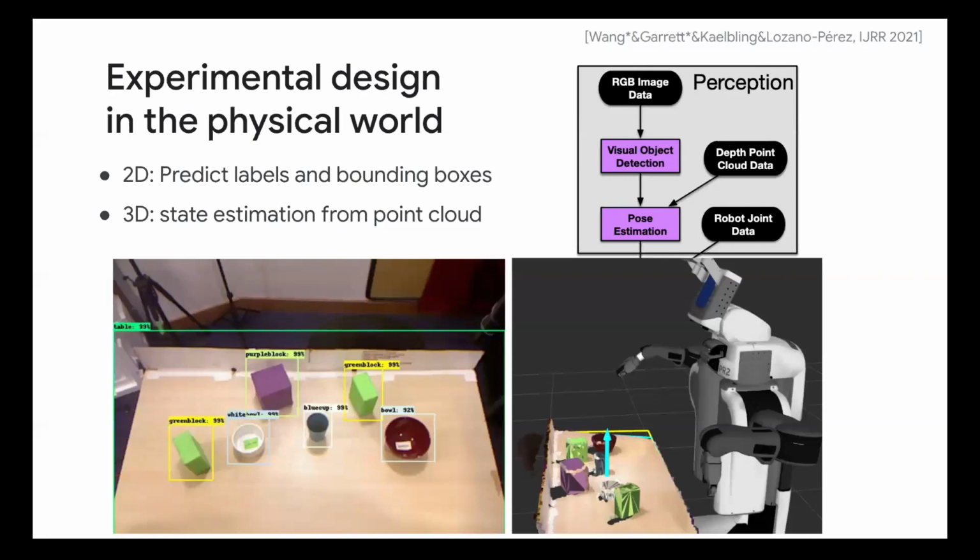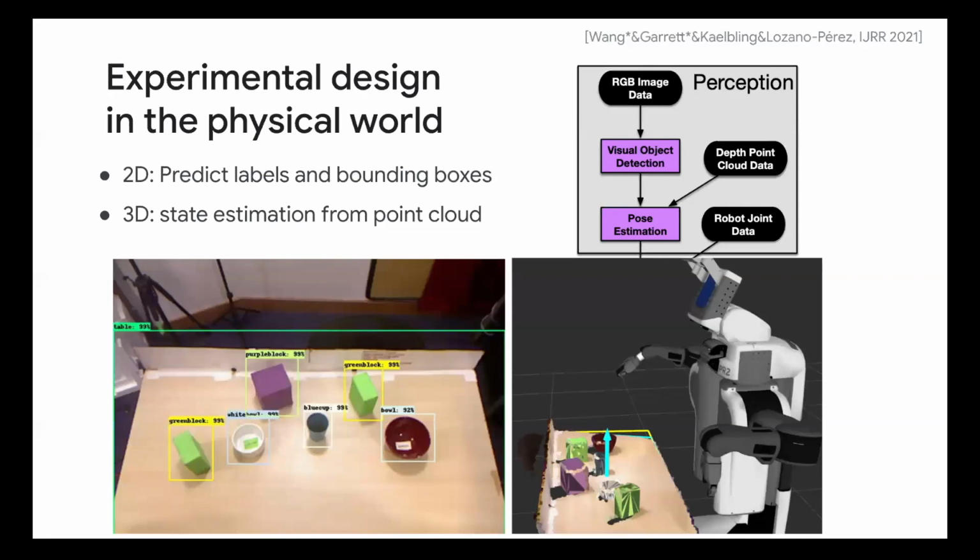Remember that in the STRIPS language, we need to know what the initial state is and what the goal state is. The goal state can be described by some human, but the initial state needs to be figured out before we do any planning.